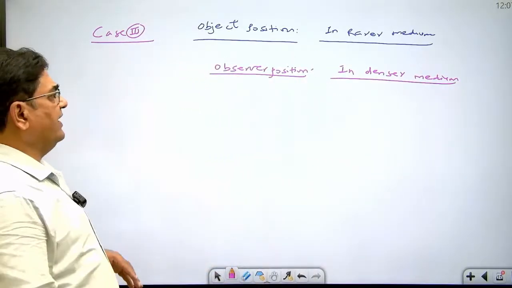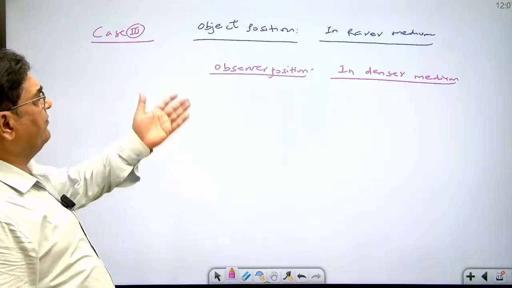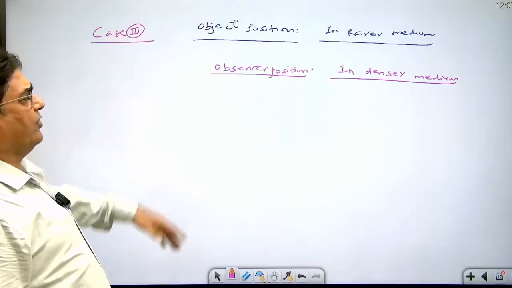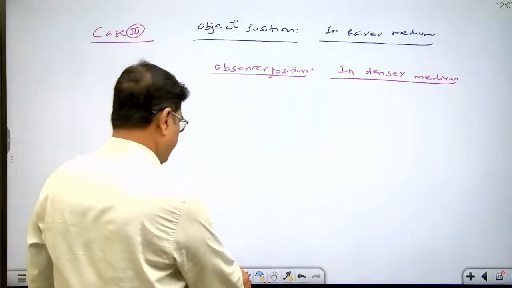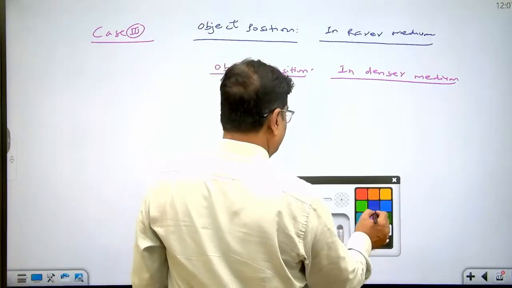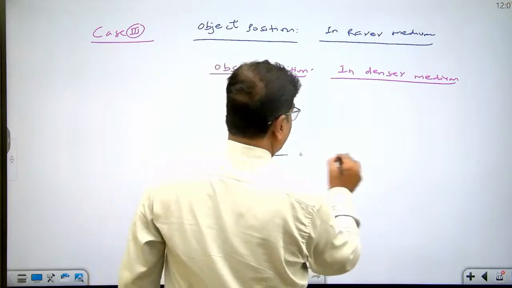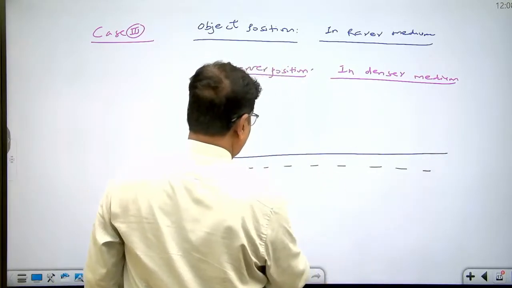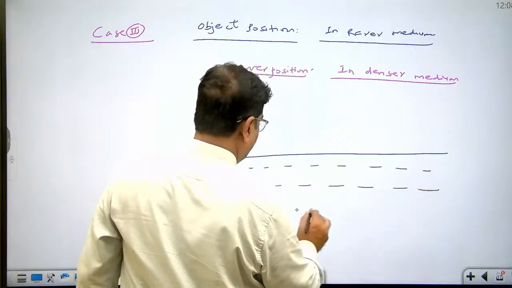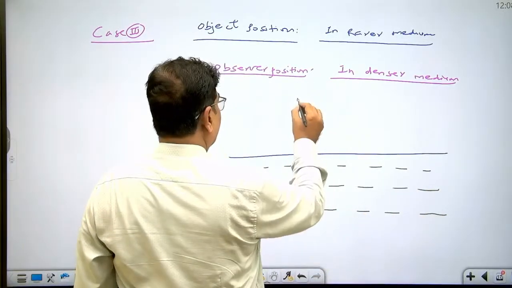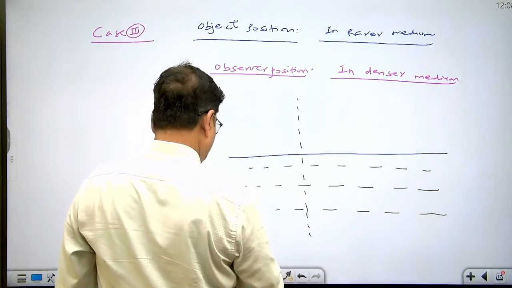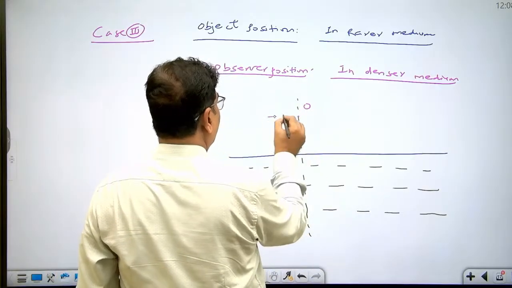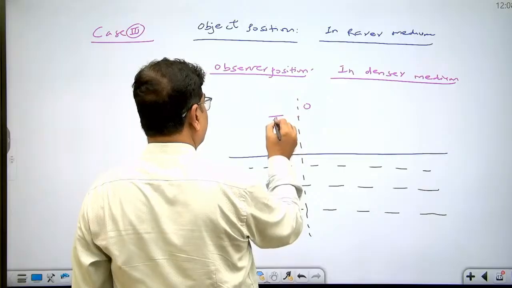So you will see here, whenever any observer from denser medium views any object in rarer medium, then the image of the object will appear at more distance than the medium interface, okay. Let's say this is the object position. This is H actual.